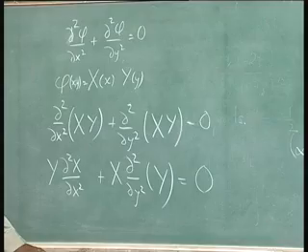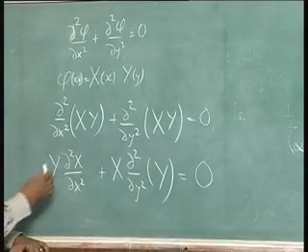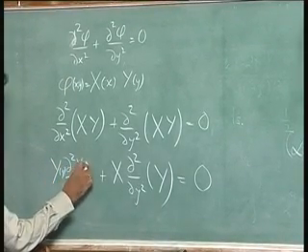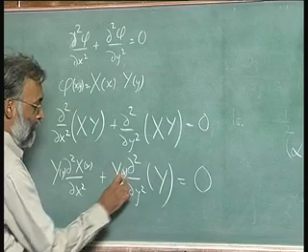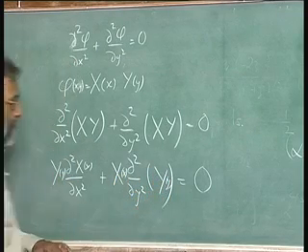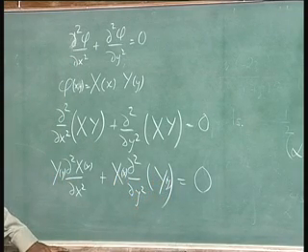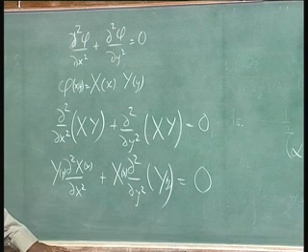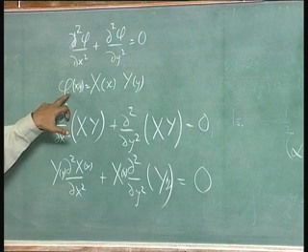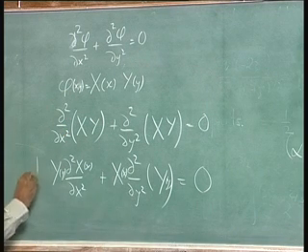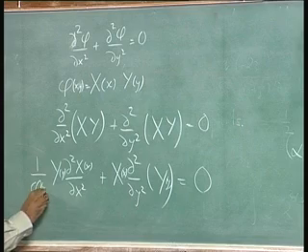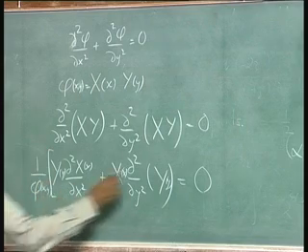Now, I will do one more thing. This is still a function of y and of x, and so it is all mixed up. So, I am going to divide this equation by phi itself. So, I am going to multiply 1 over phi of x y times this.